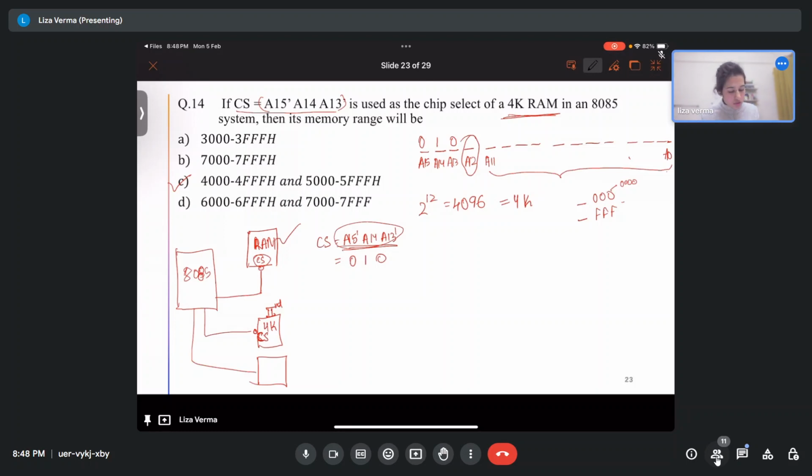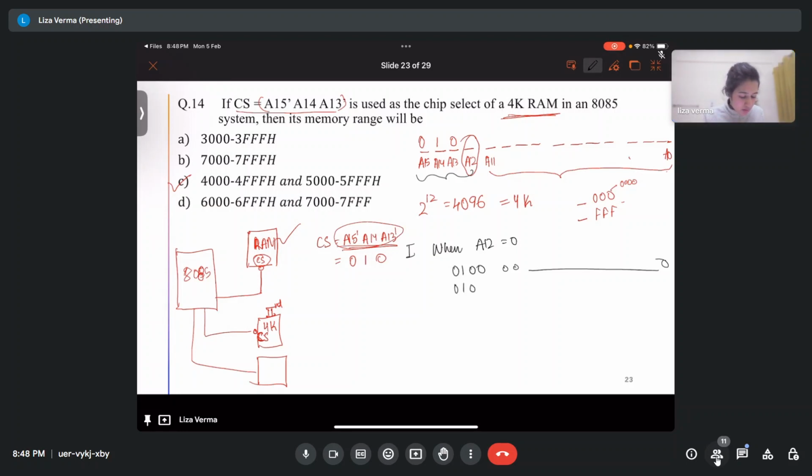So let's say when A12 is 0, what will be the value of this whole 16 bits? The first part will be 0100, then all the zeros all the way until A0. This is case 1, where A12 is 0.